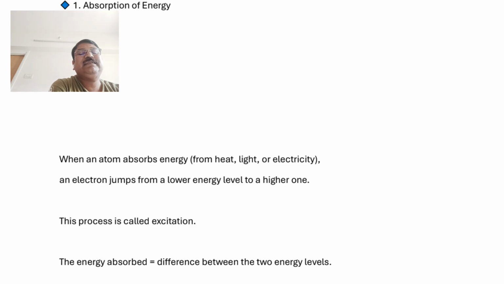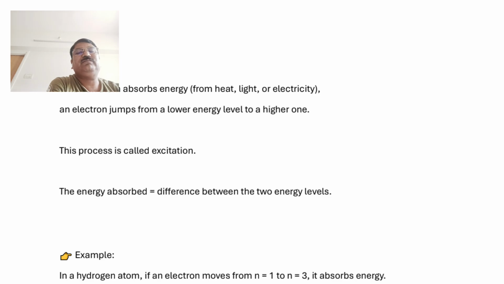These are the three different types of energies, and if such kinds of energies are absorbed by electrons, these electrons jump from a lower energy level to a higher energy level, and the process is simply called excitation.